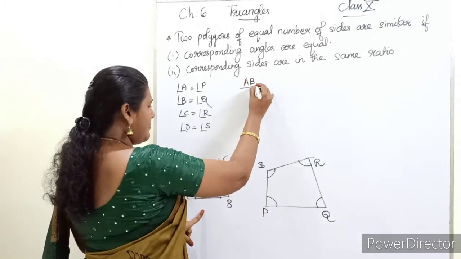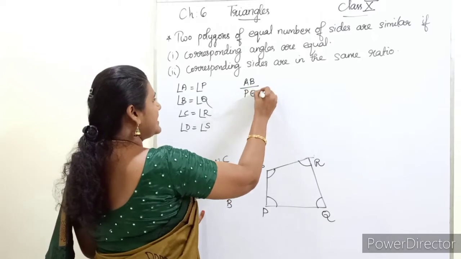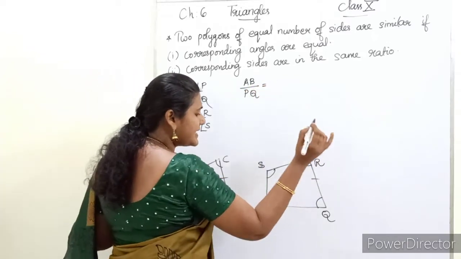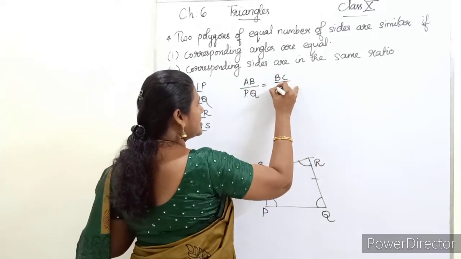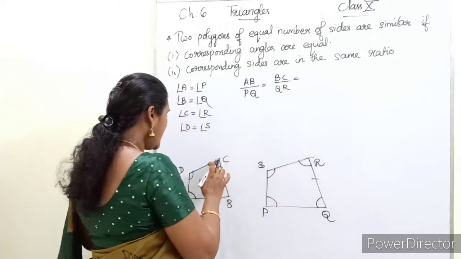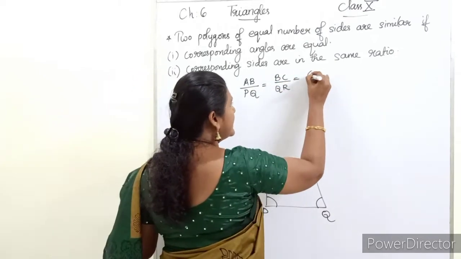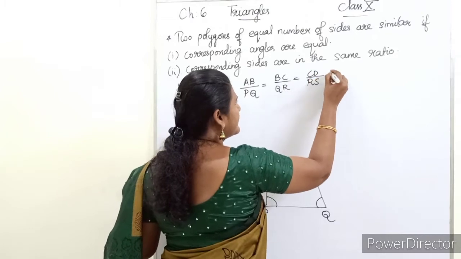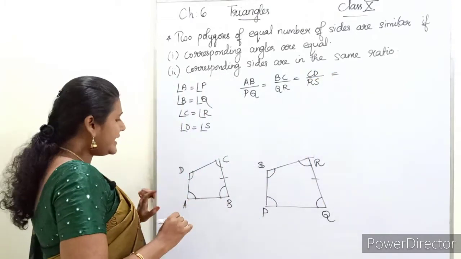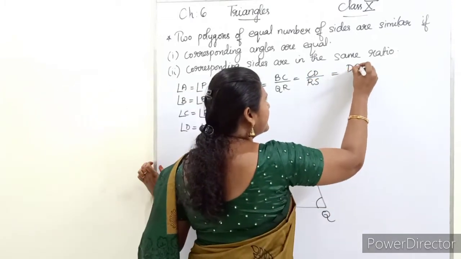So AB by PQ is equal to BC by QR is equal to CD by RS is equal to DA by SP.